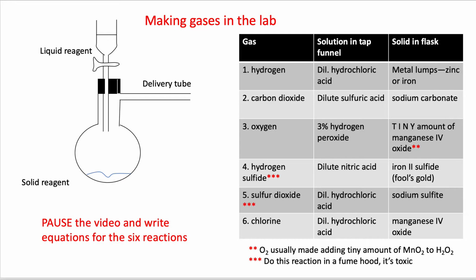And what you're going to do is pause the video and write the equations for the reactions. You've got the reactants, you've got one of the products, determine the other product, and for number 2, there are actually 2 other products, and see if you can write the formulas. And there'll be some help a little bit further along with the equations written, but pause and write as many as you can.